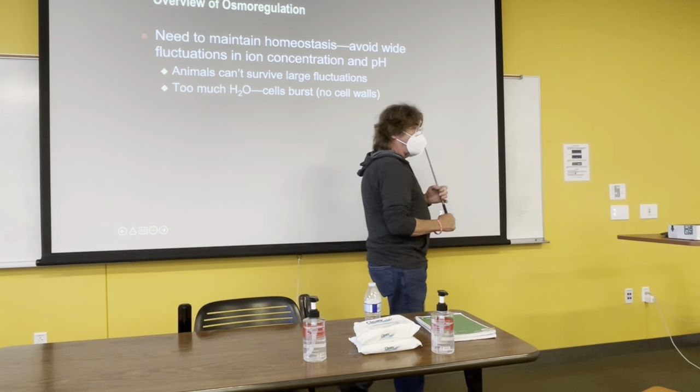But on the other hand, if the surrounding medium has a higher solute concentration than the inside of the cell, the cell will lose water. Water will go down the concentration gradient out of the cell, and the cell will shrivel and usually get its contents too concentrated to maintain life, and it will die. So either direction is bad.